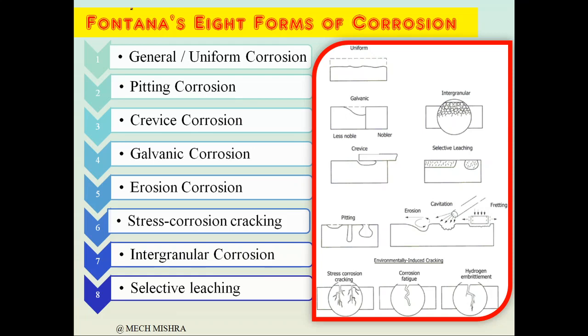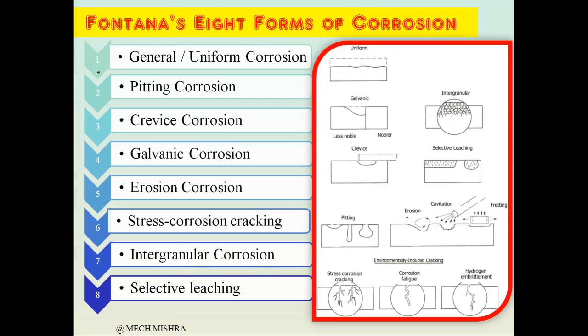Fontana has classified 8 forms of corrosion based on their appearances. That's very important. In this lecture series we will try to finish all 8, but if it takes too long we will see how much we can finish, and if something remains we will continue in another lecture. We will start and learn from the very basics, so stay with me to understand corrosion.